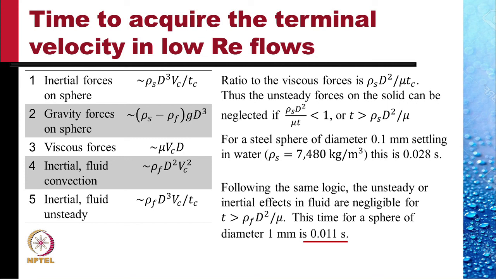But beyond 0.028 seconds, we could neglect the inertial effects completely, and the steel sphere would be traveling with terminal velocity.